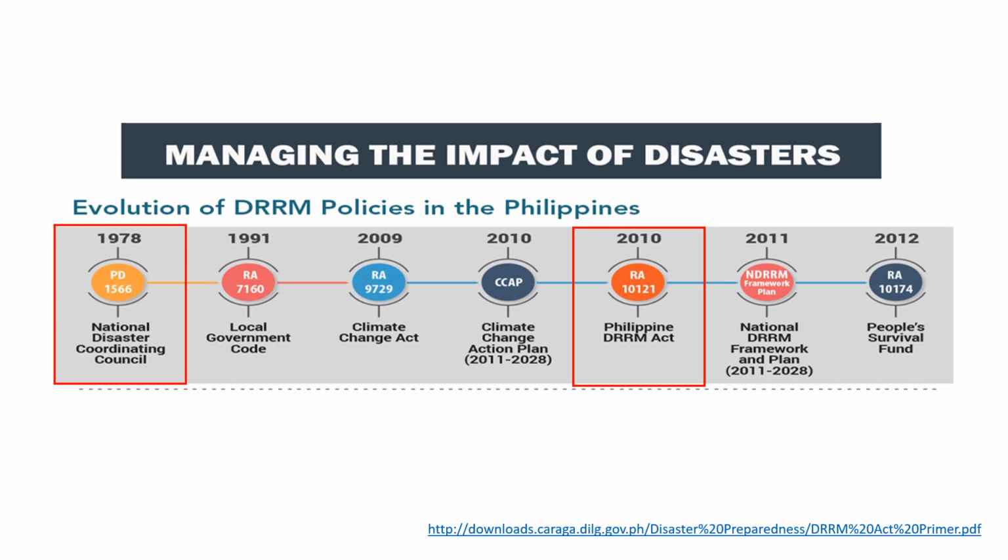Under the old law, or the PD 1566, the government was focused on disaster response such as provision of relief goods and infrastructures like dikes and flood control systems. The new law, or the RA 10121, or the Philippine Disaster Risk Reduction and Management Act of 2010, transforms the Philippines' disaster management system from disaster relief and response towards disaster risk reduction.